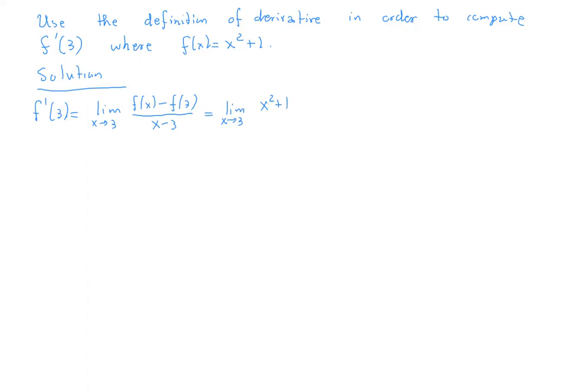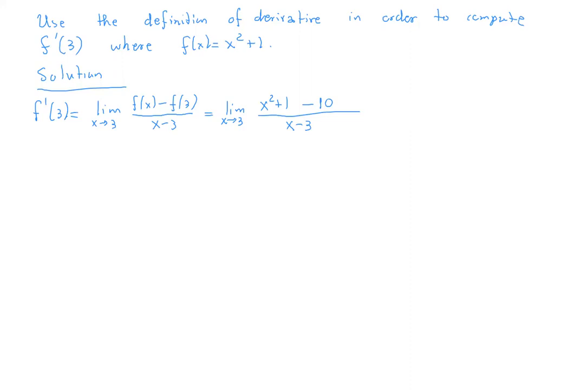How much is f of 3? If you plug in f of 3, you will find that it's equal to 10 over x minus 3. And please note that when you compute derivatives, you will always come up with a limit which is 0 over 0. Now you can see why we paid so much attention to those limits, because they come up all the time when we try to compute derivatives.